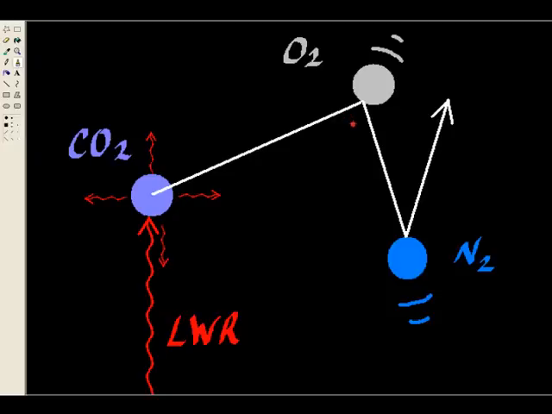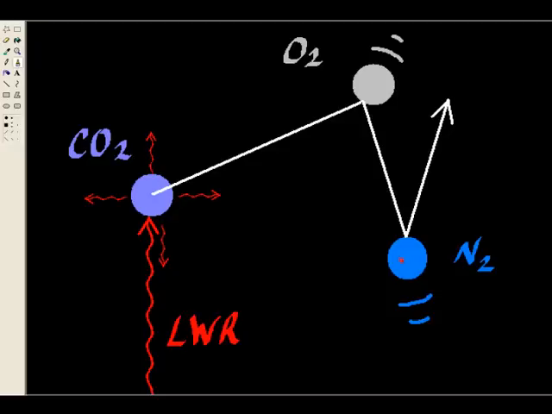And then in this picture we can see that the CO2 bounces off the oxygen molecule straight into a nitrogen molecule. And again, because the carbon dioxide molecule is continually receiving long-wave radiation, it also gains vibrational energy again, and when it collides with the nitrogen molecule, it transfers its vibrational energy, which is just heat, to the nitrogen molecule.